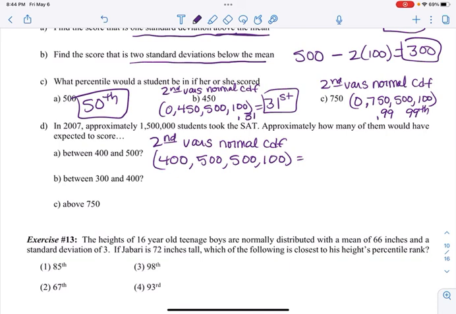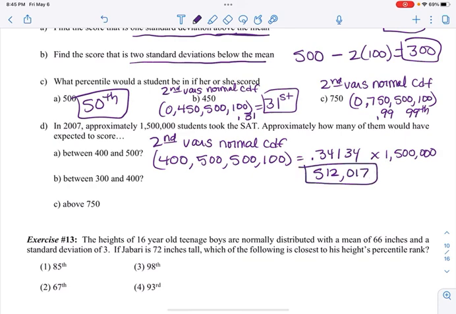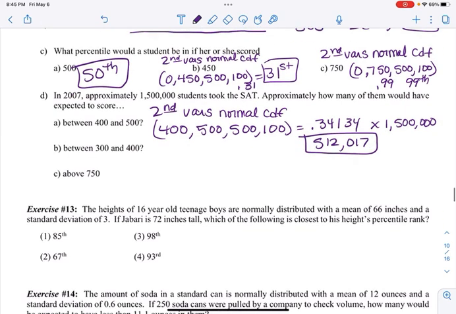Remember, it was 34.1%, so 0.341. My calculator gives me the same number with a couple extra decimals. But I don't want to know the percent. I want to know how many students. So you take this percent and multiply it by the 1,500,000 students, and that comes out to be 512,017 students. After you get the percent, you have to multiply it by the total number of students.